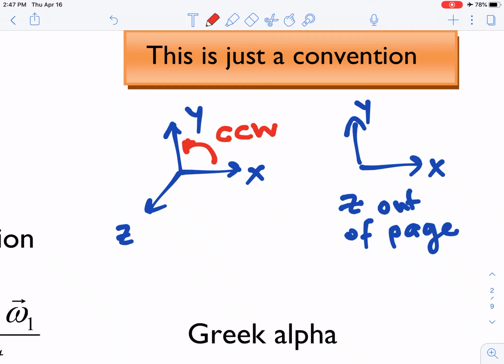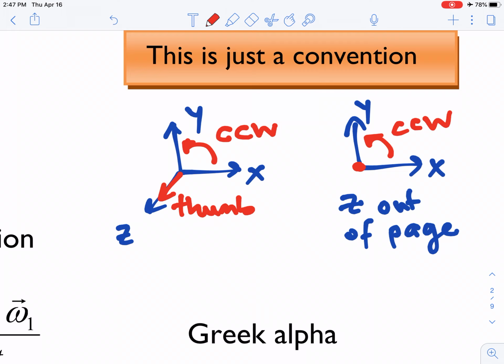Do it here too. When you do that, do you see that your thumb is coming out? So you're really seeing a dot. If you look at the top view, you're seeing the tip of the thumb, right? And that is the z direction in this perspective, the positive z direction.